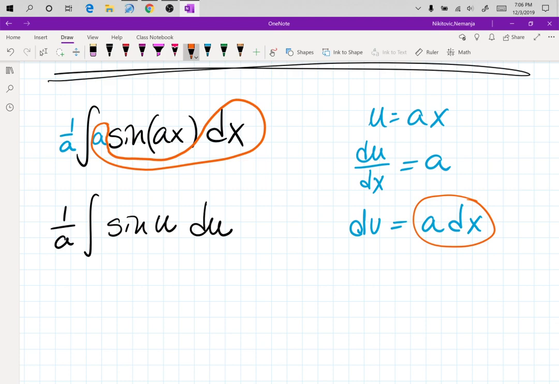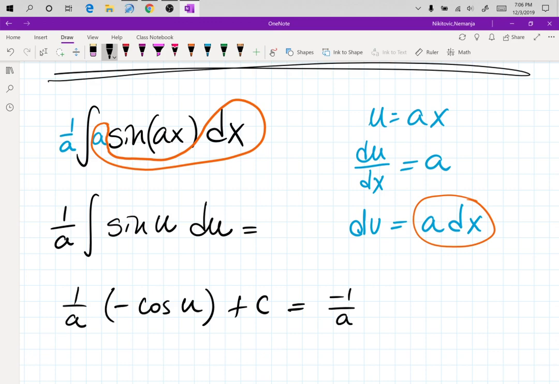So I'm replacing a dx with du, and I am replacing ax with u, and I don't have anything for sine, so just leave it there. So from this point on, I have 1 over a. Integral of sine x is negative cosine x, so this is going to be negative cosine u plus c, and then negative 1 over a cosine, I don't care about u, I care about the x, so ax plus c.